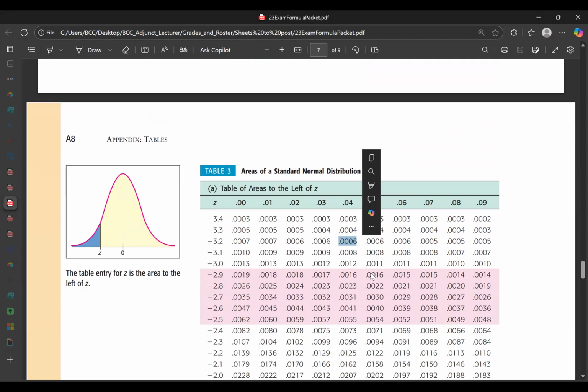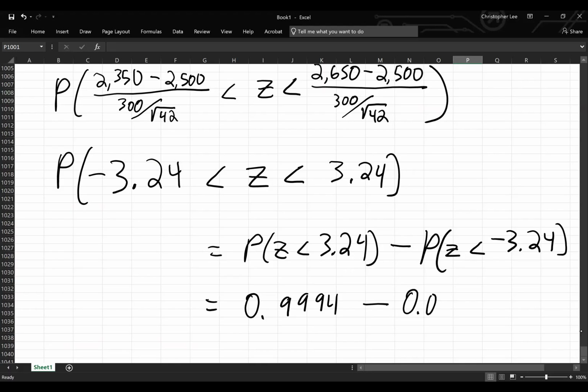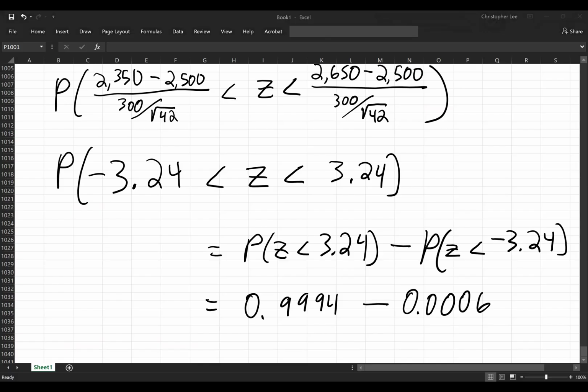So that's 0.0006. All right. 0.0006 for negative 3.24. So let's write that in. All right, let me just verify. 3 zeros and a 6.